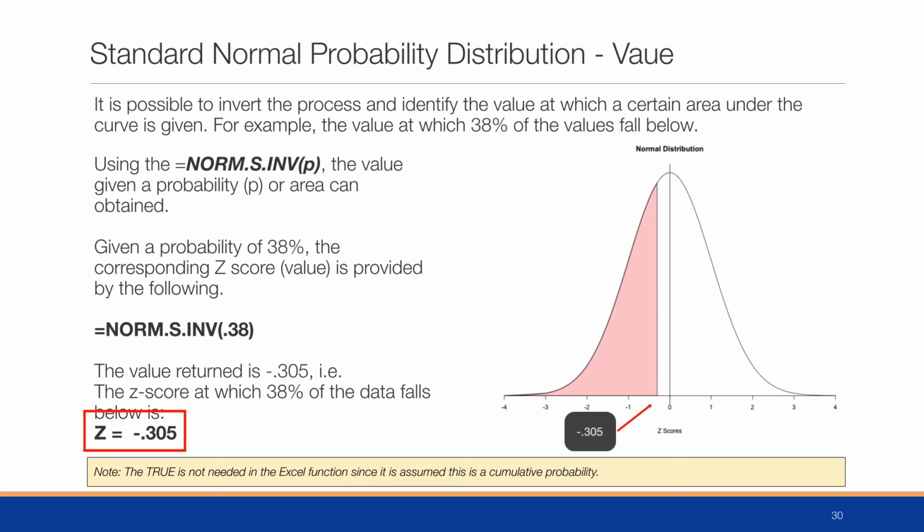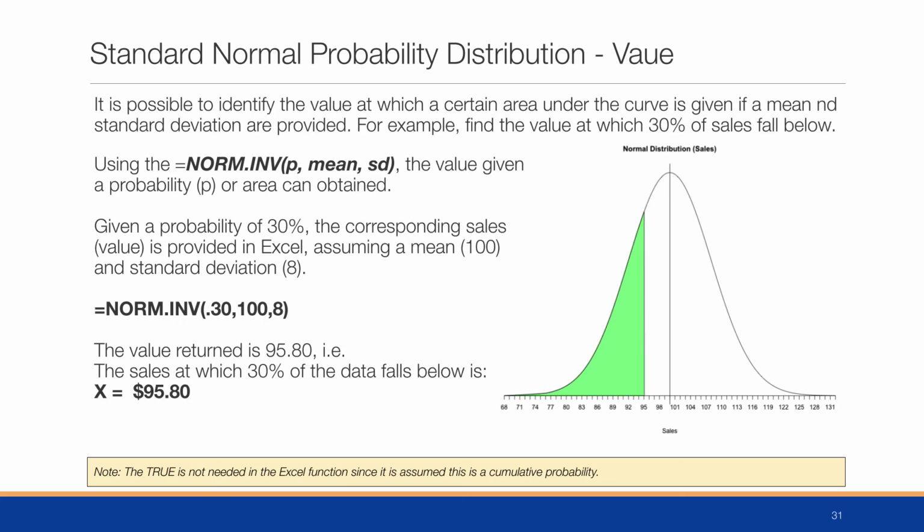That means the z-score at which 38% of the data falls below is negative 0.305. That is what you can see here by this vertical line, and the area to the left is 38%. Notice that TRUE is not needed, because it is assumed to be a cumulative probability, the 38% to the left.